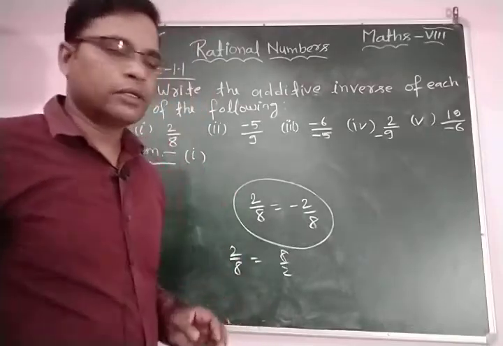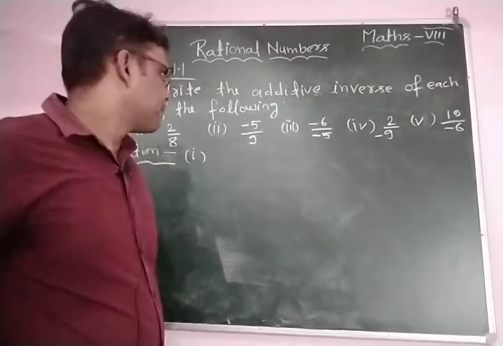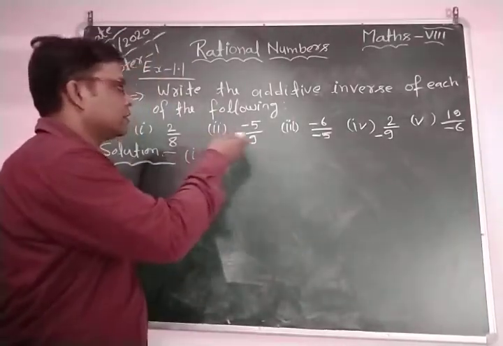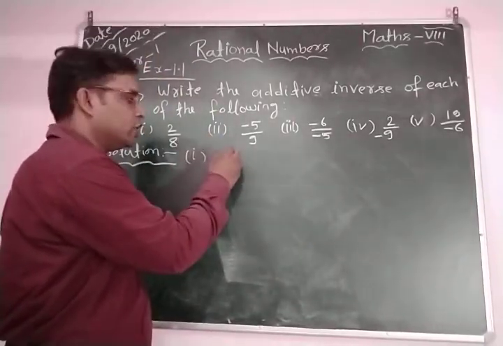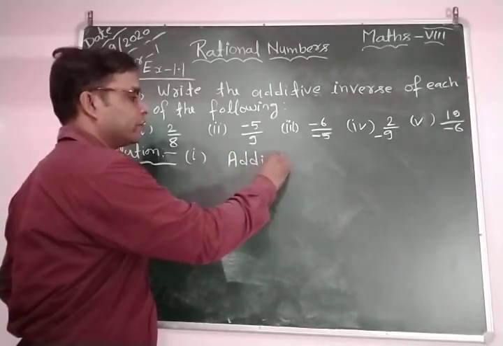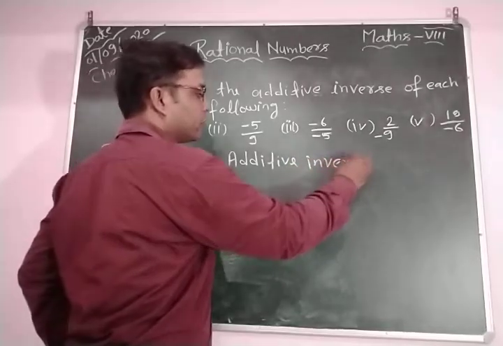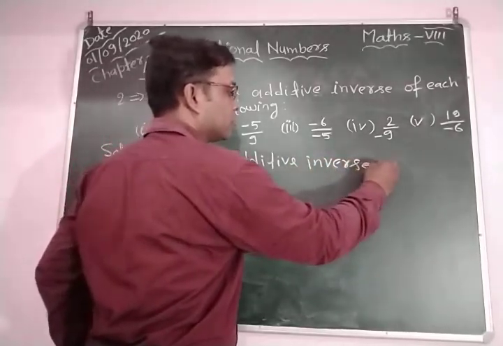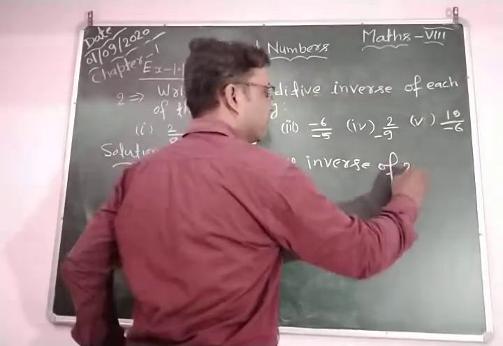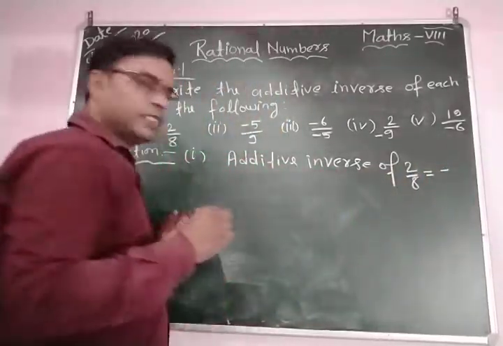Okay. So how to write the additive inverse of 2 by 8? We write here the additive inverse of 2 by 8. This is equal to, just change its sign.